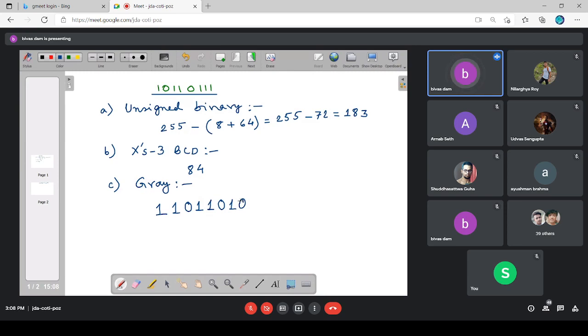So now what will be the decimal equivalent for this one? Once again the number of zeros is much less, so I will go for 255 minus 1 plus 4 plus 4, 8, 16, 32.